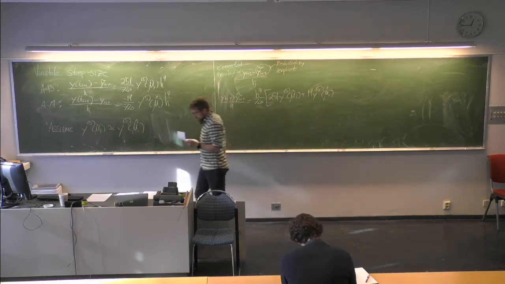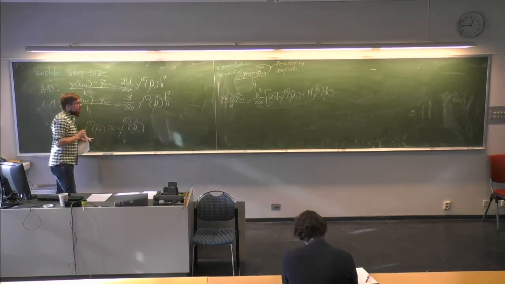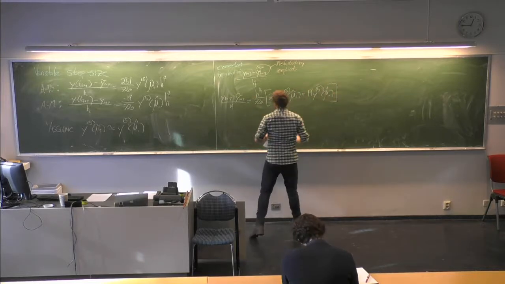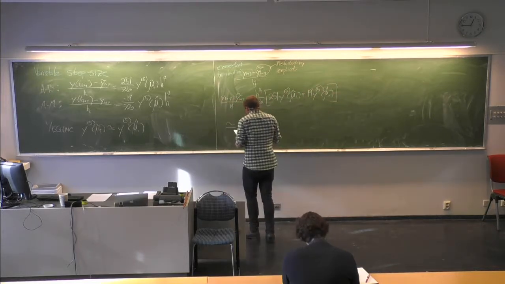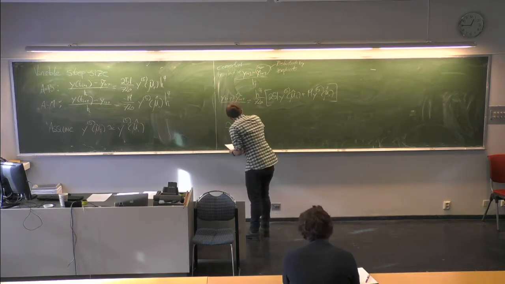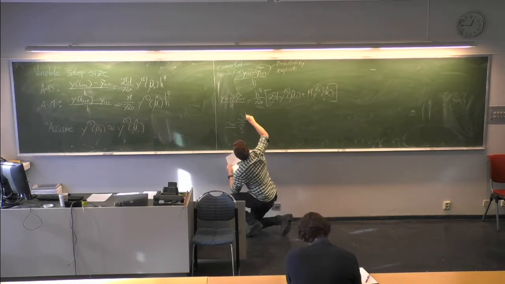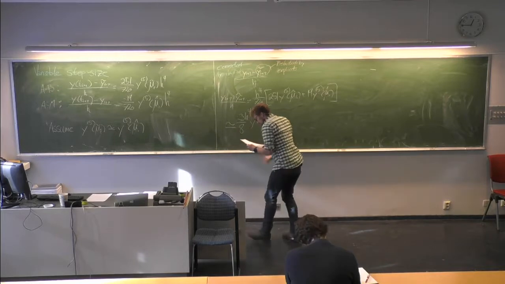Mu hat, mu i hat. But we assume that these were equal, so we can just add them. Meaning that we get approximately 3 eighths for y_i with hat.